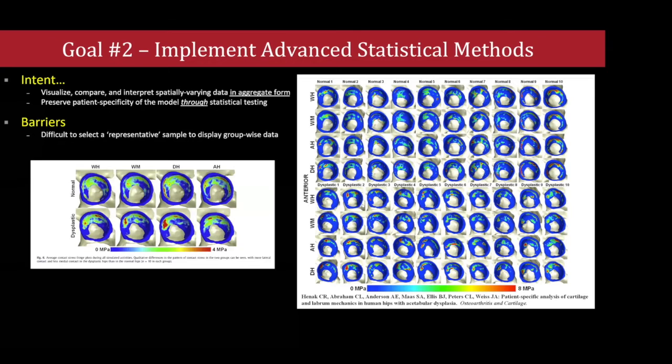Historically we've taken a very pragmatic approach, in which for the normal, we fit all these normal acetabuli into a sphere, and then we selected what the average of that sphere was, found the control that was closest to that average, and we said, okay, that's the average hip. We're going to map all these results to the average. We did the same thing for the dysplasia.